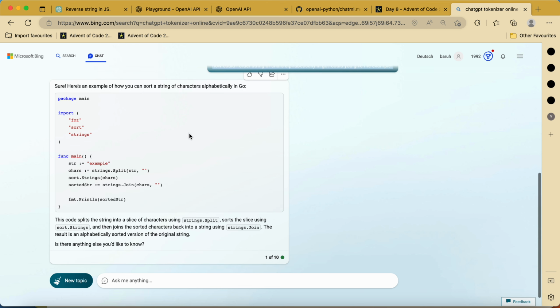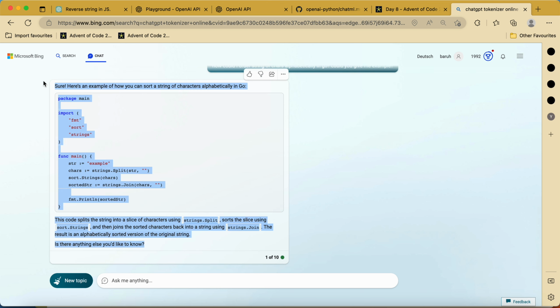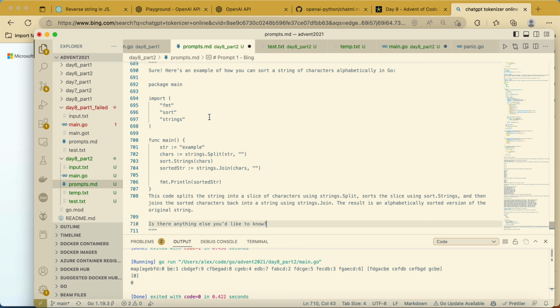That's what Bing is saying: to have one string, and after that split it to characters, after that having the characters joined. Okay.